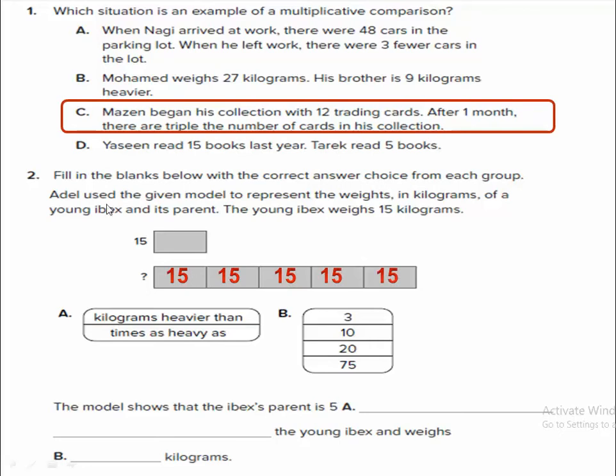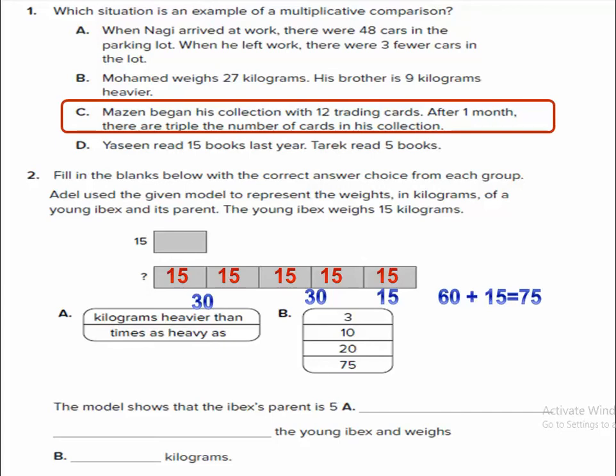Okay, let's collect it together. 15 plus 15, 30. 15 plus 15, 30. And 15, it will be 30 plus 30 plus 15 equals 60 plus 15 equals 75. So let's complete.